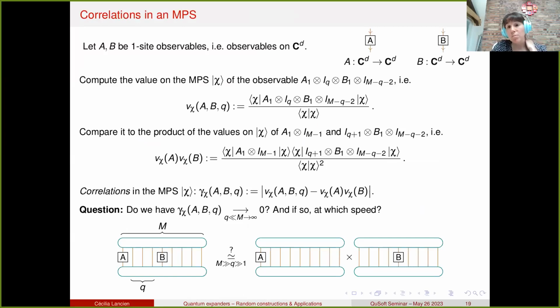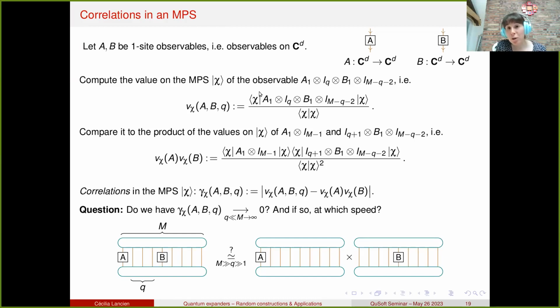And then I want to compare two quantities. First, I want to look at the value on my MPS chi of the following observable, where I have put observable A on site 1, then some identities on the Q following sites, then observable B, and then some identities on all the rest.